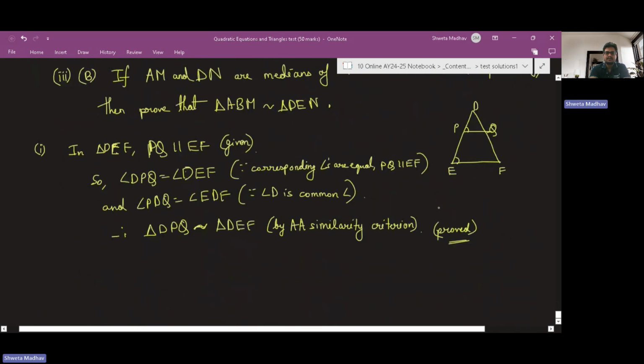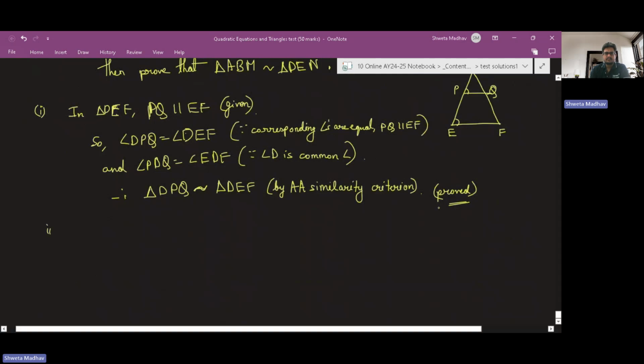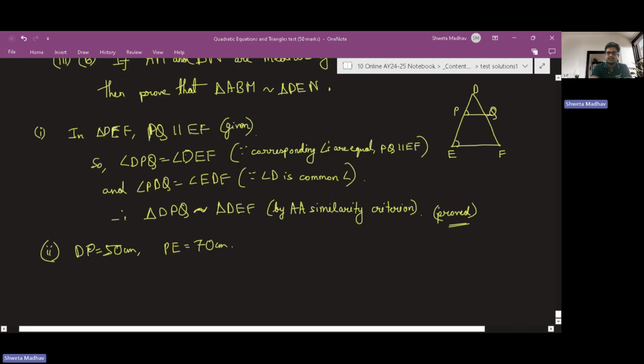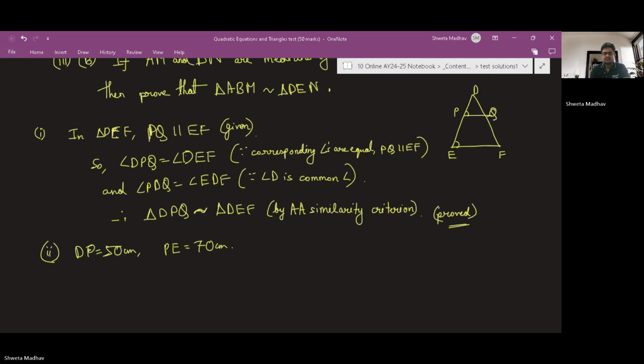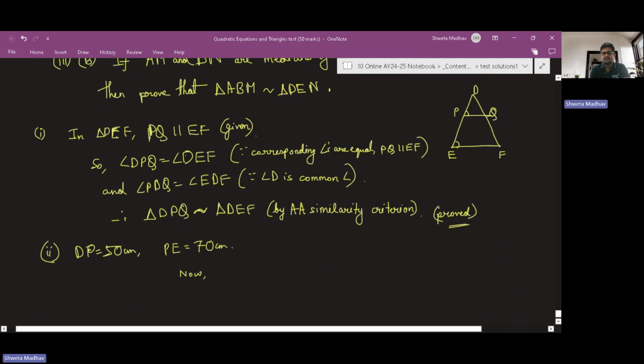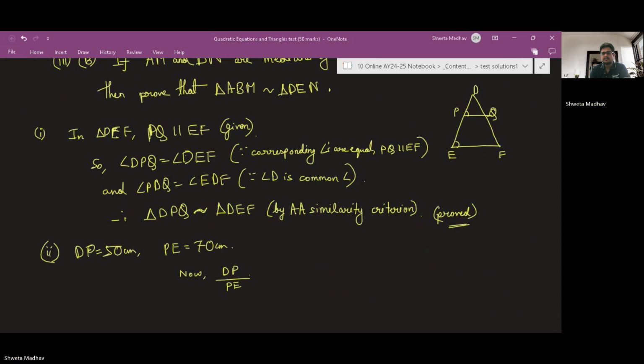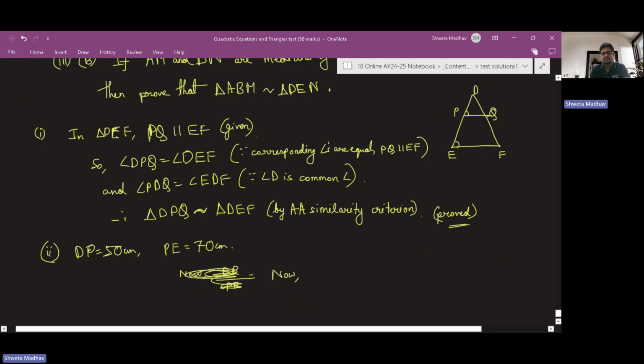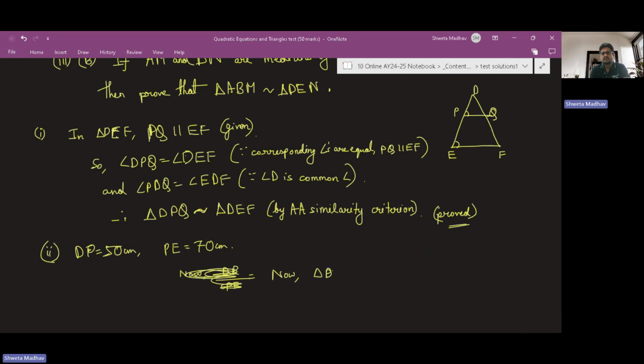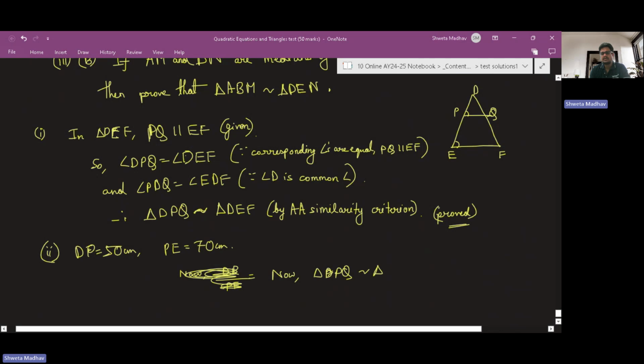In the second part, DP is given as 50 centimeters and PE is given as 70 centimeters. Now triangle DPQ is similar to triangle DEF, which is proved above.